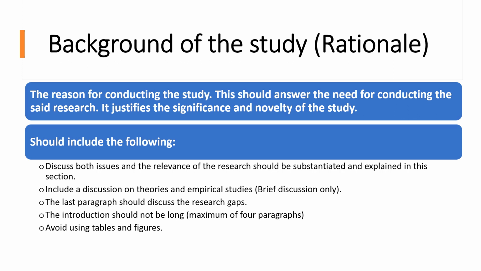Issues should not be hypothetical. They should be empirical, observed issues. It also discusses the relevance of research. You can include a discussion on the theories and empirical studies about those issues. And the last paragraph should discuss the research gaps.